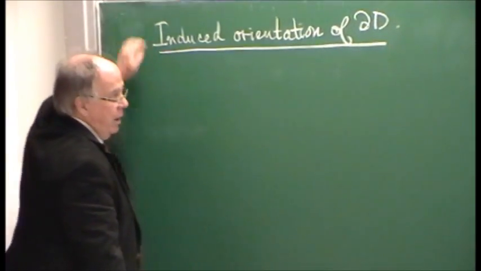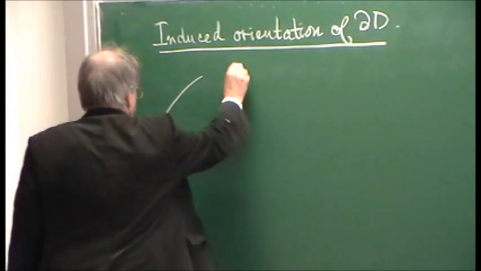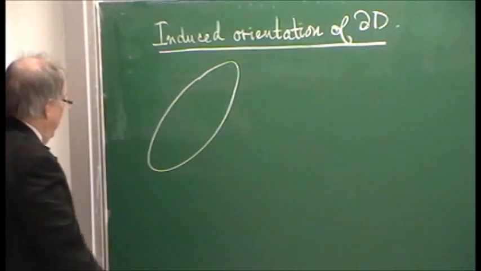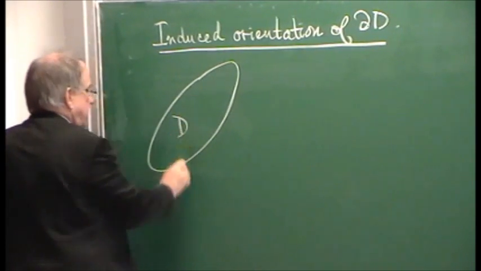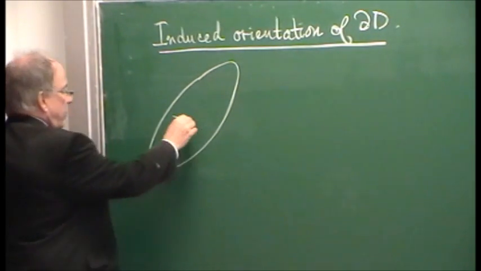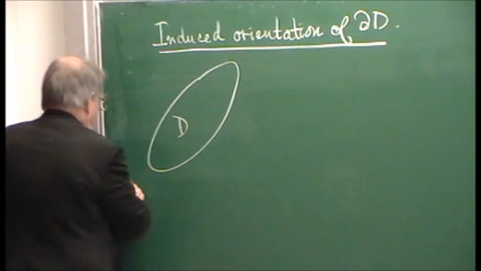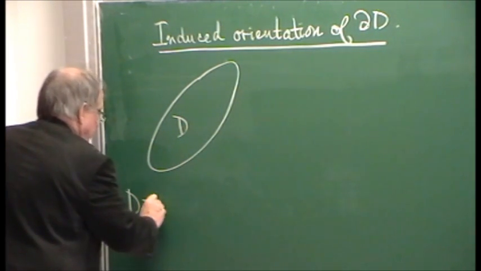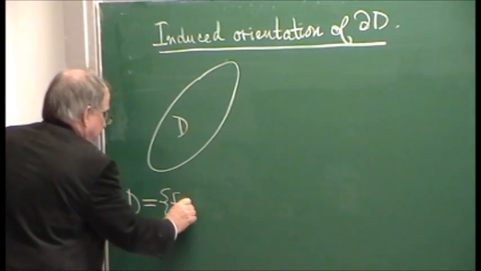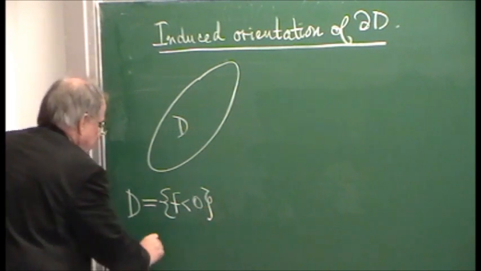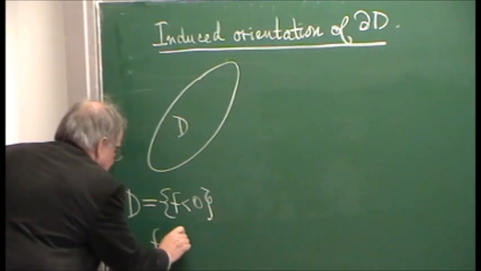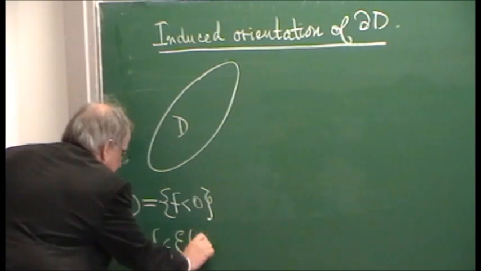The first thing is we have a domain D, and I explained last time that it can be defined by a smooth function f being less than 0, f being a smooth function on the manifold.